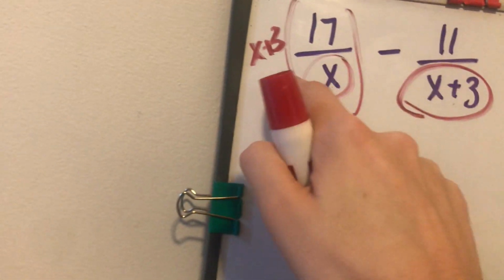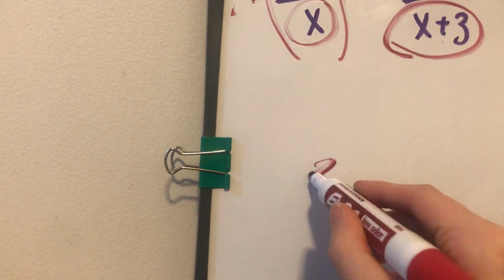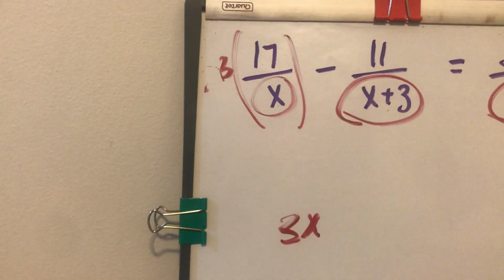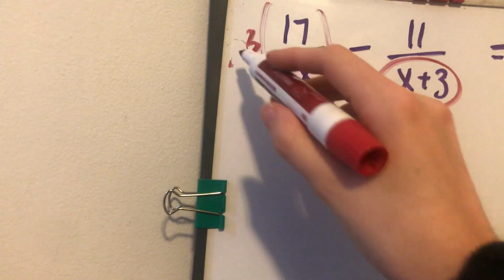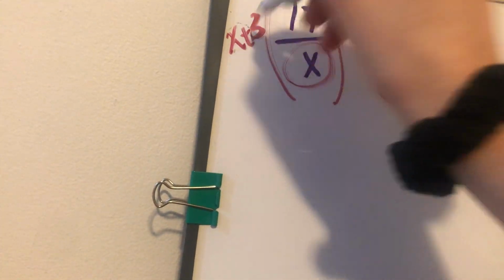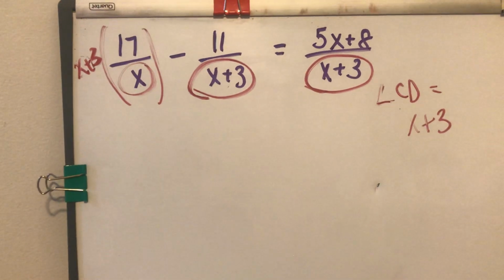Some of you were writing 3 to multiply this by 3. Then you're left with 3x, and that's not the same thing as x plus 3. Even if you multiply this by x plus 3, you're going to have x times x plus 3, and that's not the same thing.